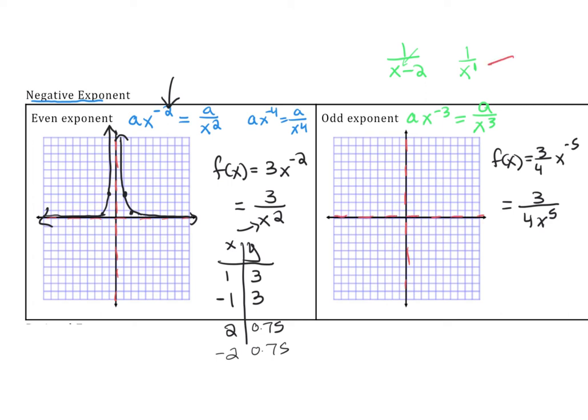But it's going to behave like those functions because if I plug in 1, I'll get 3/4. If I plug in negative 1 to an odd power, it's still negative, so then it would be negative 3/4. So I have them in these quadrants 1 and 3.